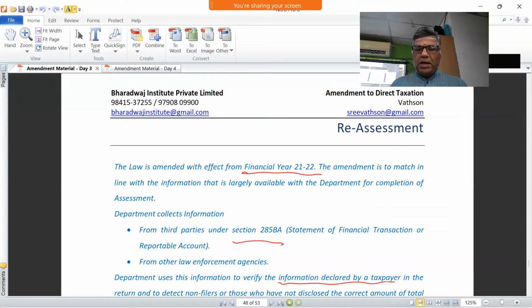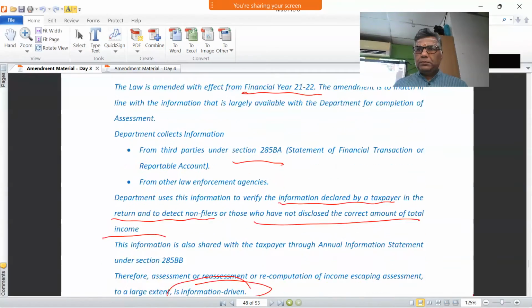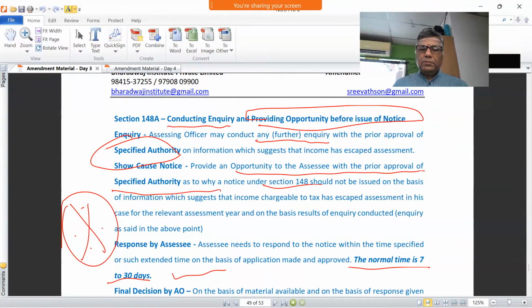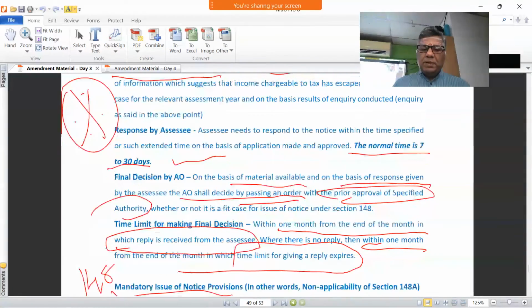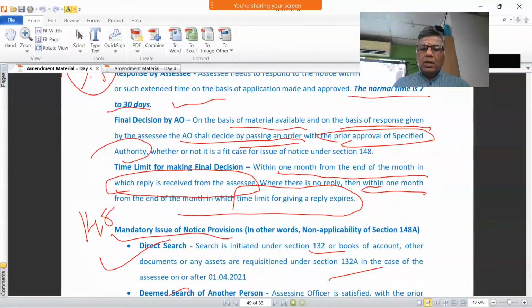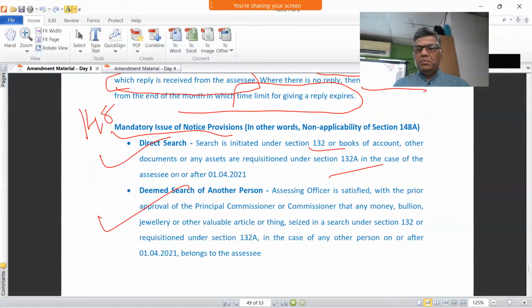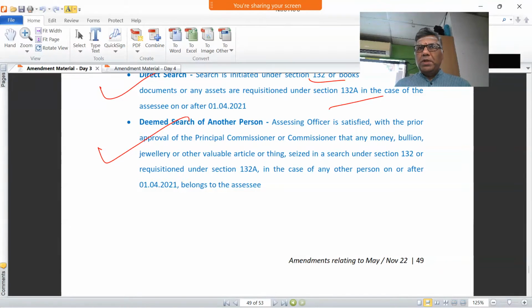When the reassessment is due to search or deemed search.